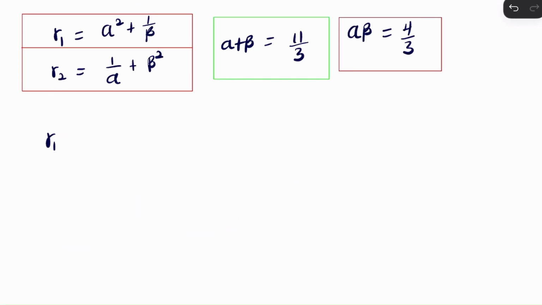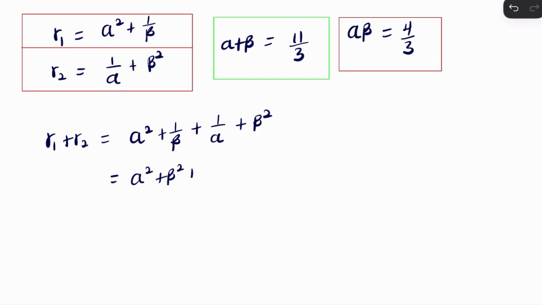Let's compute r1 plus r2. So we are going to have alpha squared plus 1 on beta plus 1 on alpha plus beta squared. So this is going to give us alpha squared plus beta squared plus 1 on alpha plus 1 on beta.